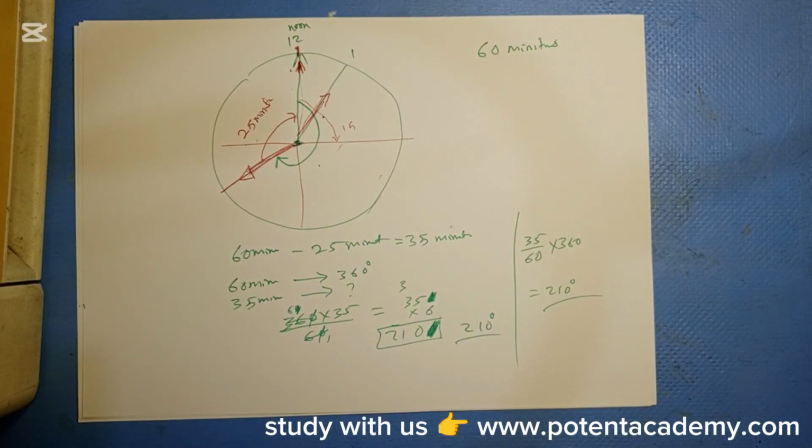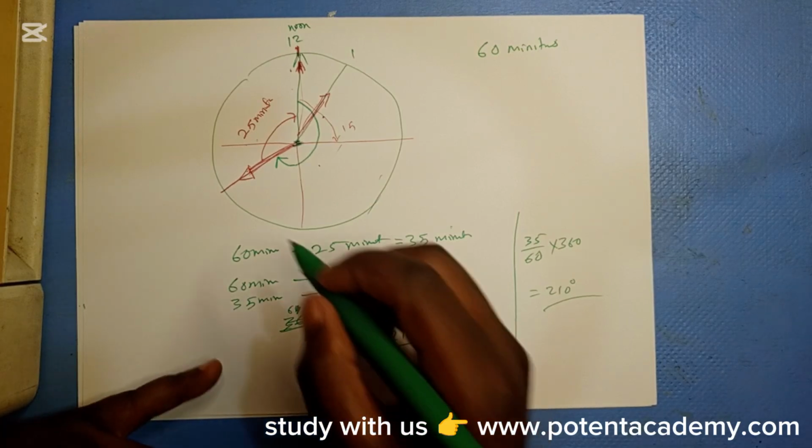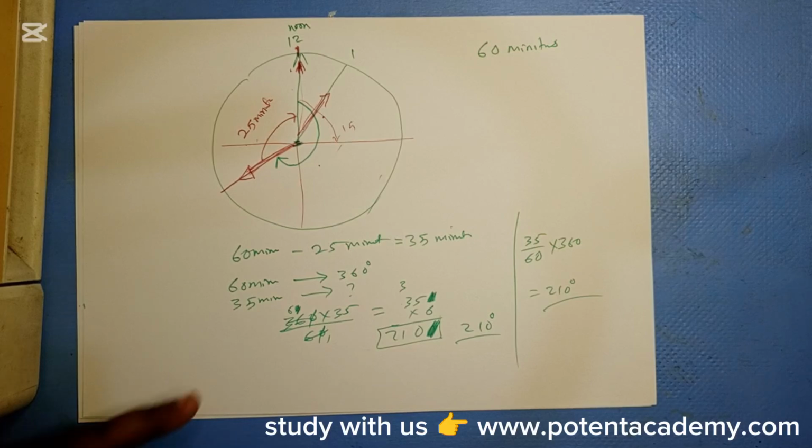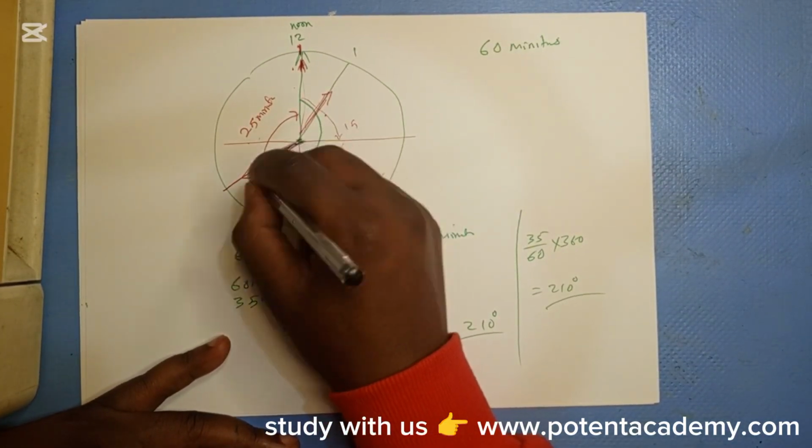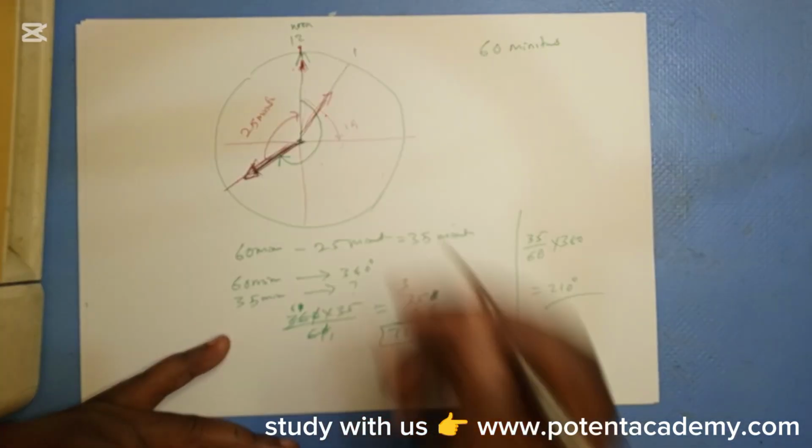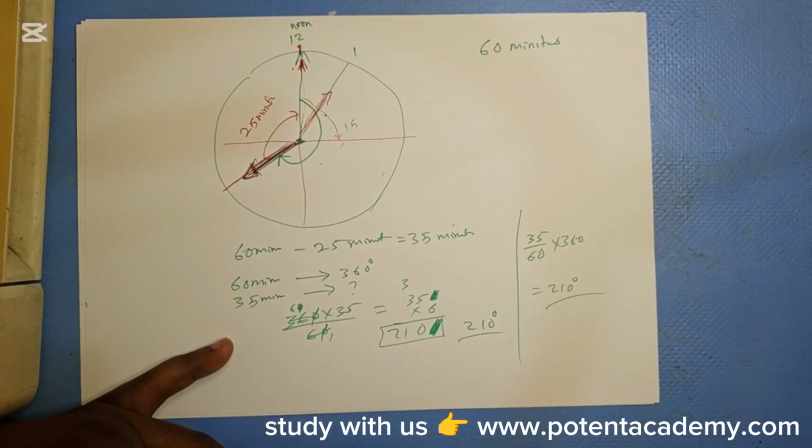I don't know whether there is another part. Given that the minute hand is 6 centimeters long, find the length of the arc it described in that time. So you are told the length of this minute hand here is 6 centimeters.